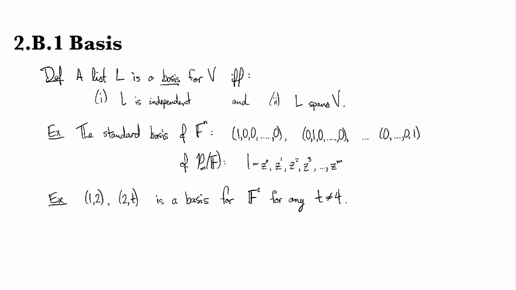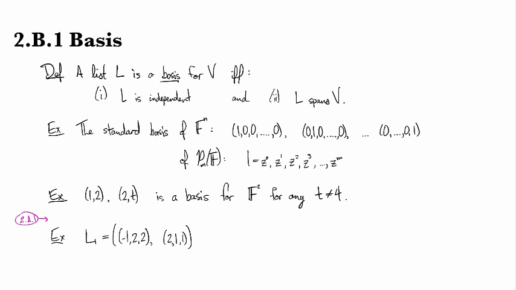Let's see what else we got. So if I take L1 to be (-1, 2, 2), (2, 1, 1). So this is my example from video 2.A.1, if that looks familiar.